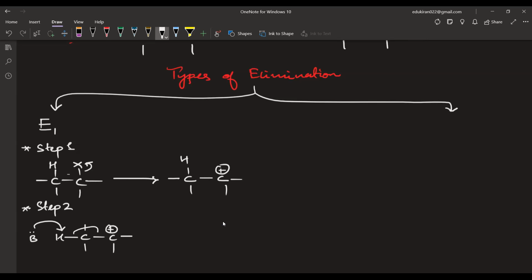This hydrogen will give the electrons here to form a bond, that is a pi bond, and you will get this. So first, what is happening? Cleavage of CX, and step 2, cleavage of CH.